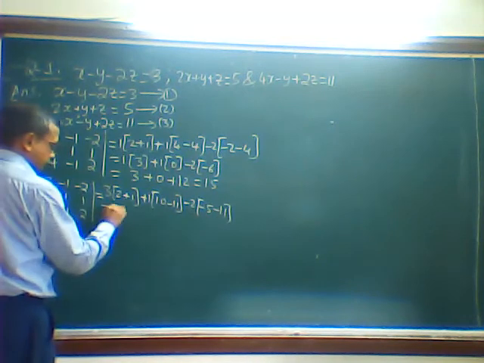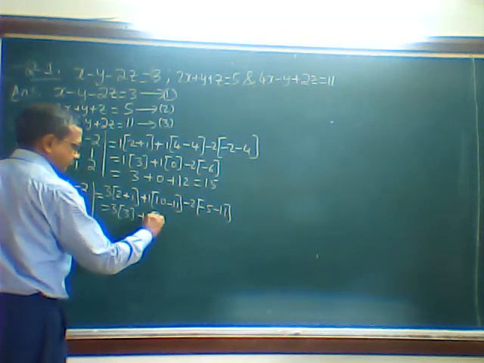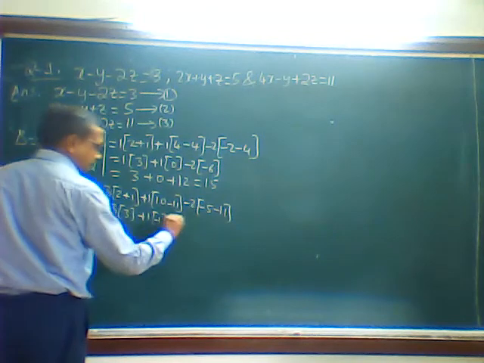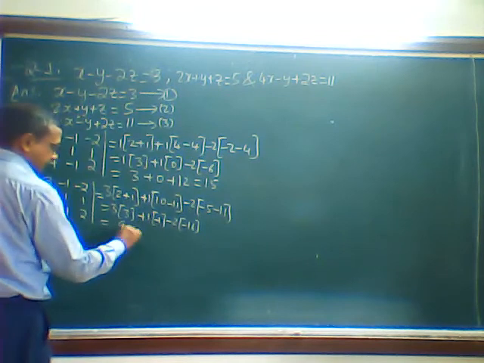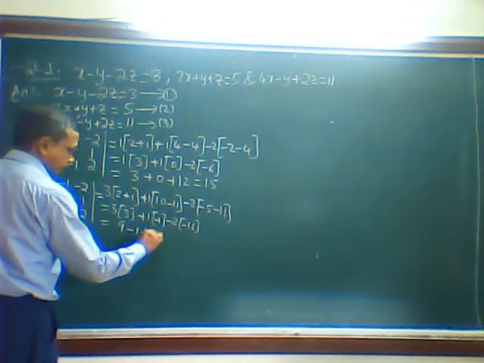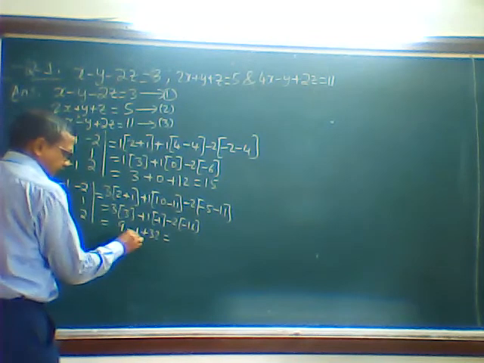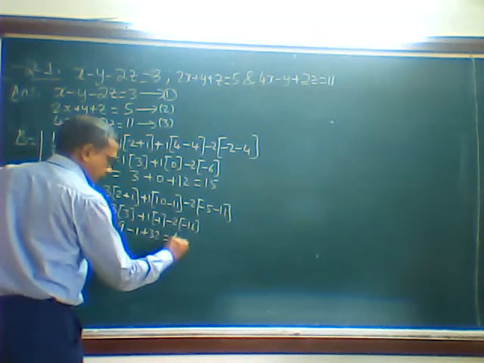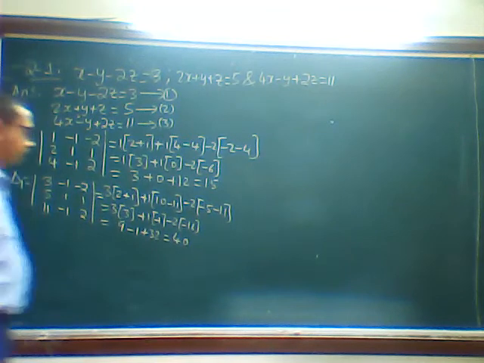So 3 plus 1, 10 minus 11 is minus 1. Minus 2, minus 16. So 3 3s are 9, minus 1 plus 32. Okay, 9 minus 1 is 8, 8 plus 32 is 40.